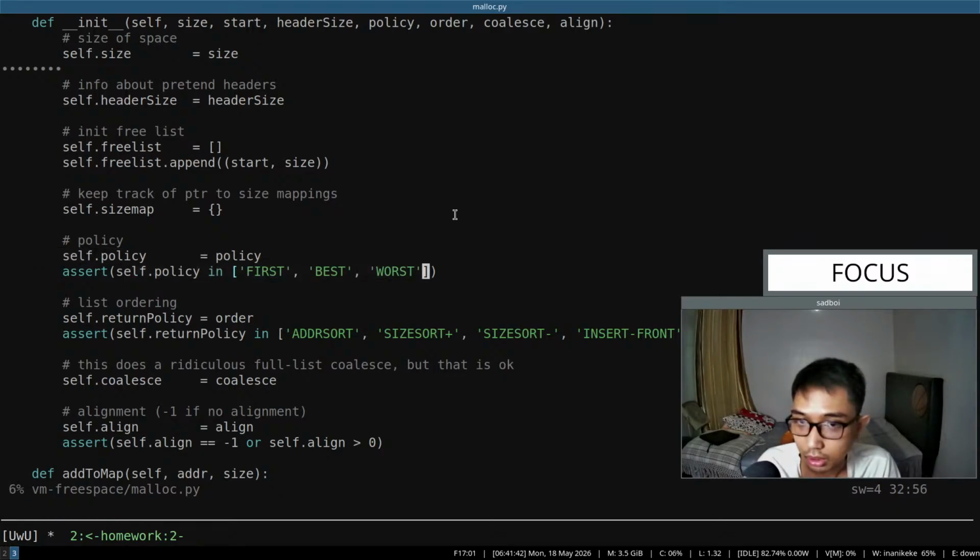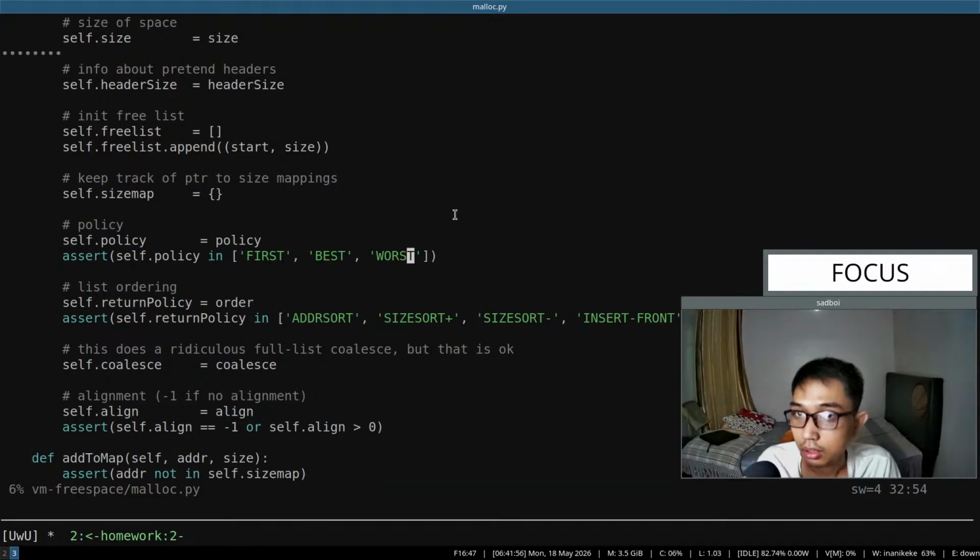Okay, the policy is first, best, and then worst.